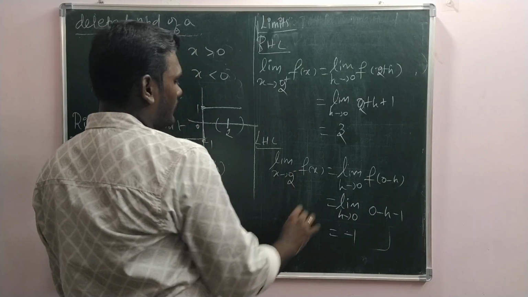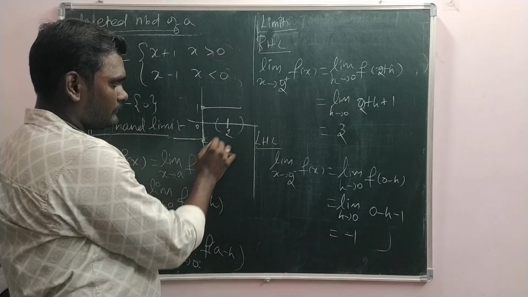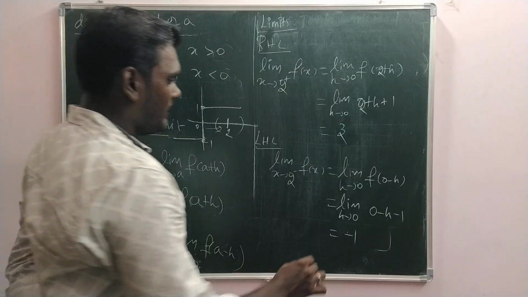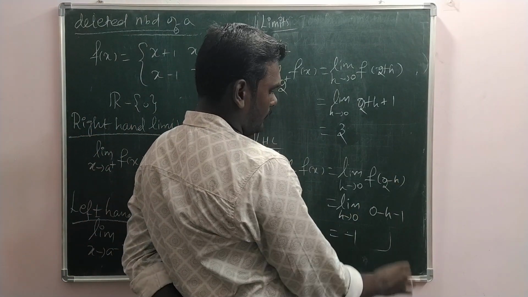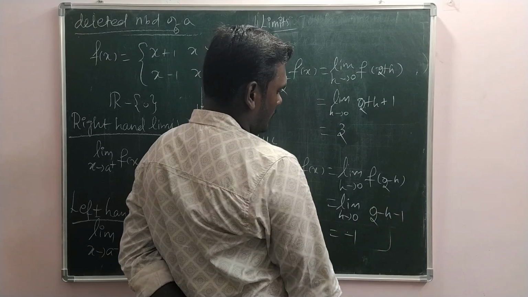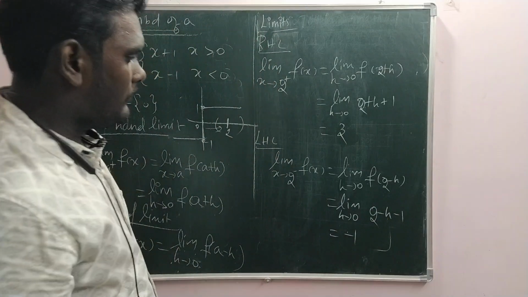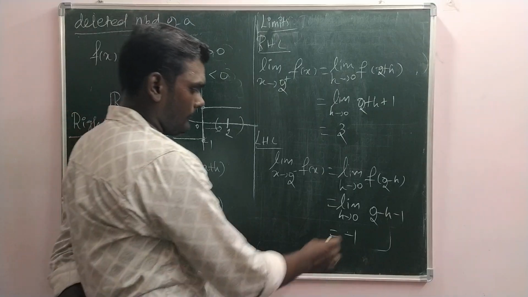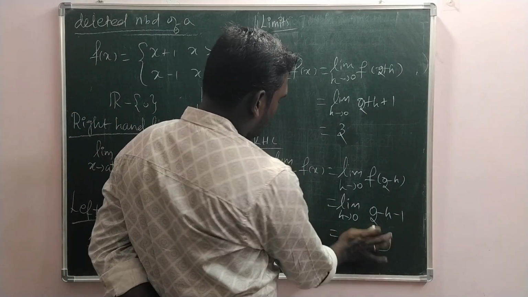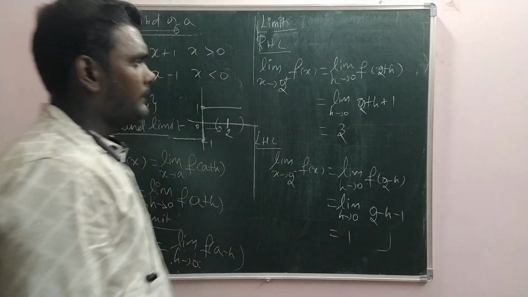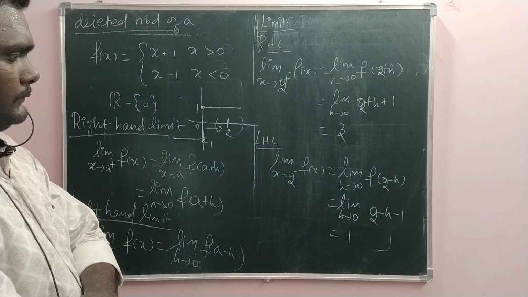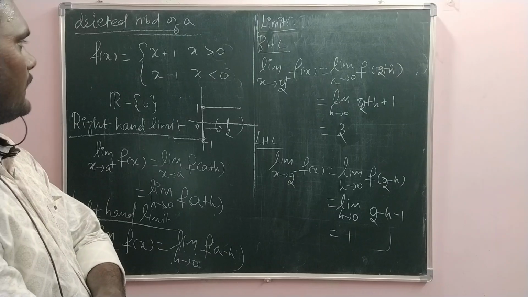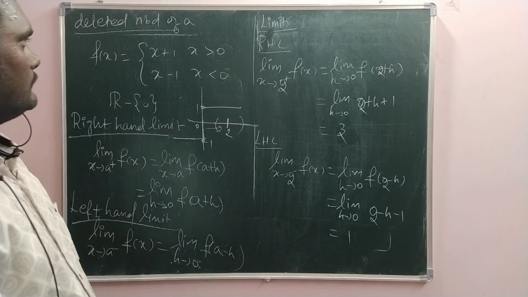Then when x approaches from the left side, this is also 2, this is 2 minus h. Wait, that should not be 2 plus h, 2 minus h.